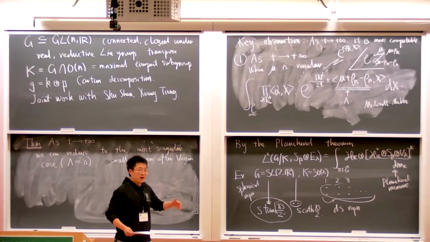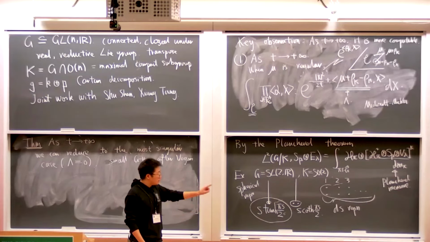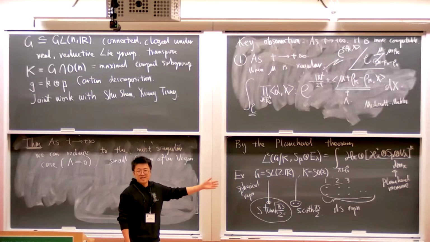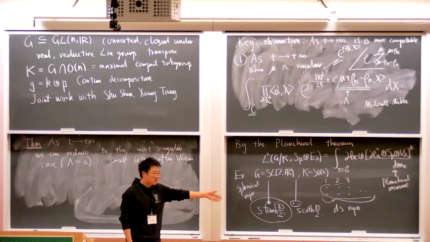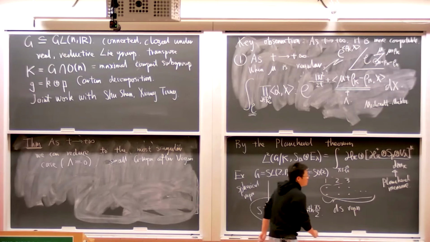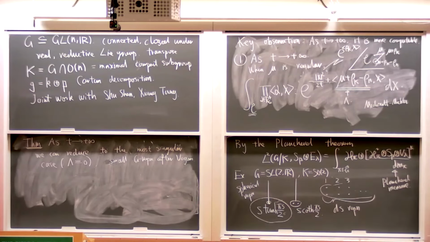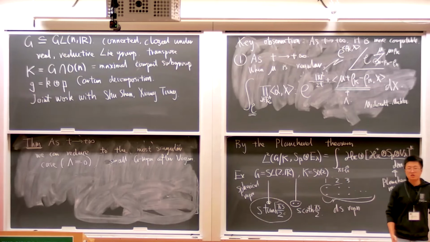And now, for the last minute, of course, you may say this is just an SO2R case. This is too easy, because there's only one root here. It's too simple. But in fact, what we can show is that the general case can always be reduced to the case of A1 or B2, that is, the rank 1 case and the rank 2 case.